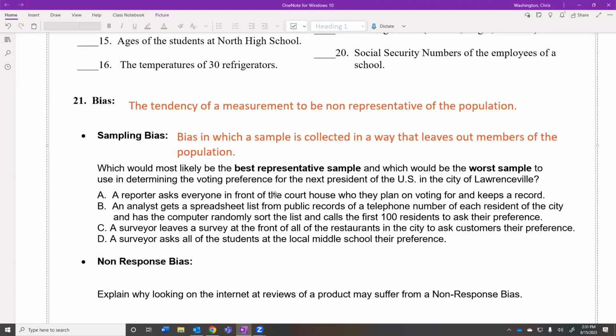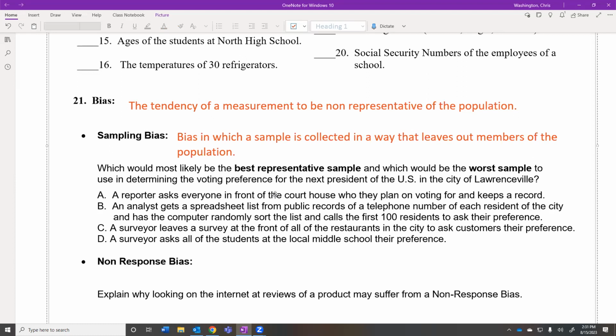And we're trying to determine the voting preferences for the next presidential election in the city of Lawrenceville. A, the reporter goes down to the courthouse, and he's just going to ask the people in front of the courthouse their voting preference. Maybe that's good, maybe that's not. B, an analyst gets a spreadsheet list from public records of a telephone number of each resident of the city.